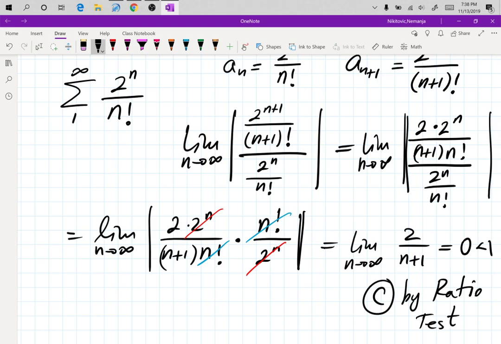So for a few of these tests we really don't need a sentence, but the comparison test needs a sentence. The alternating series test, the integral test, some of these long, painful methods, because they have way too many things happening at one time, and you have to mush them all into one answer. Over here, we got the number smaller than 1. We're good. Just like p-series: value bigger than 1 converges. There's no reason for extra explanations.